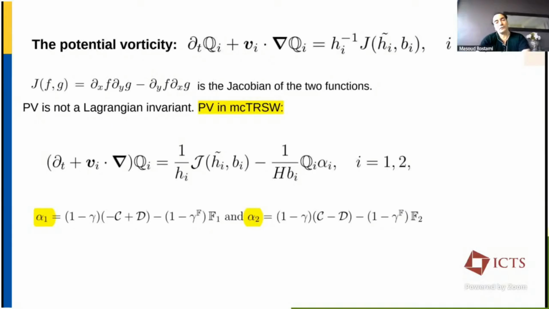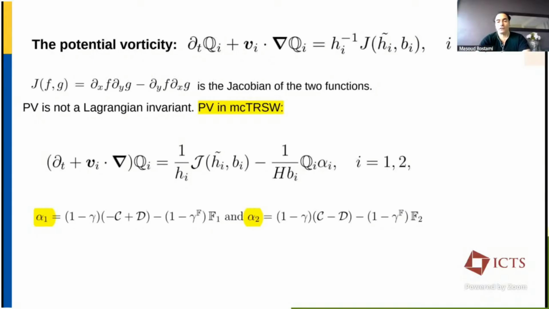If we derive the potential vorticity and compare it with what we had in the dry case, you see that we have extra terms on the right-hand side, as you see here, minus 1 over H B1 Q1 alpha I. In fact, alpha is a function of condensation and the downdraft, or cooling and warming, or updraft and downdraft, and so on.